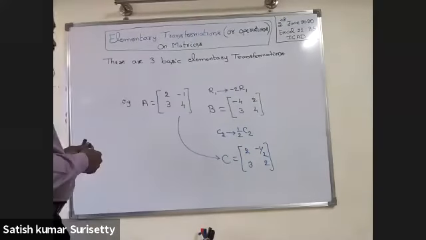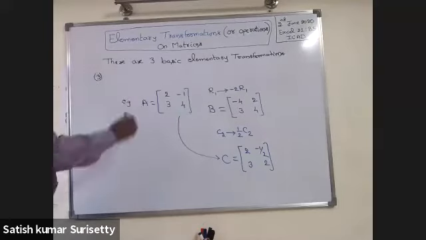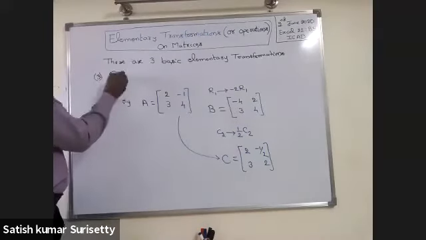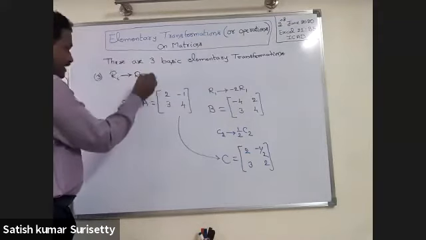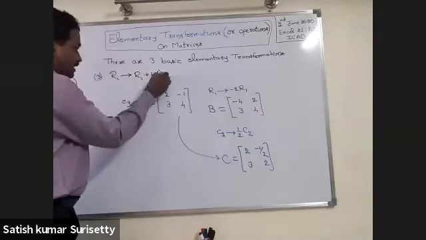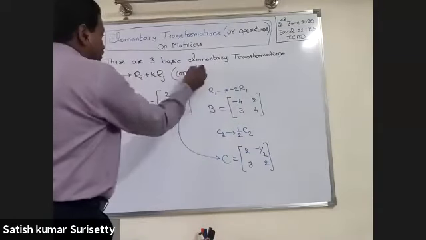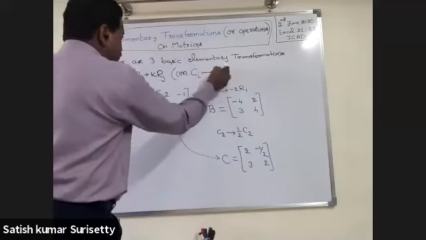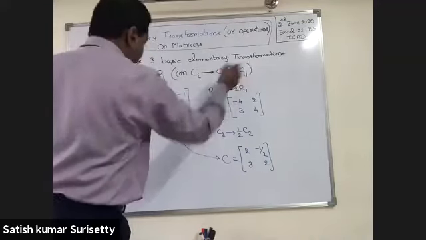Next, third operation. Ri to Ri plus k Rj or Ci to Ci plus k Cj.